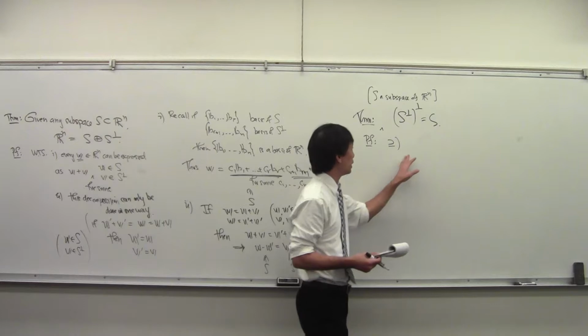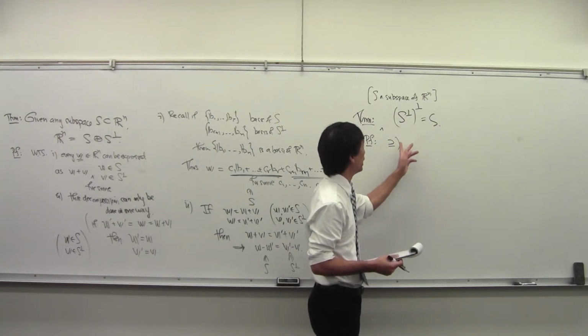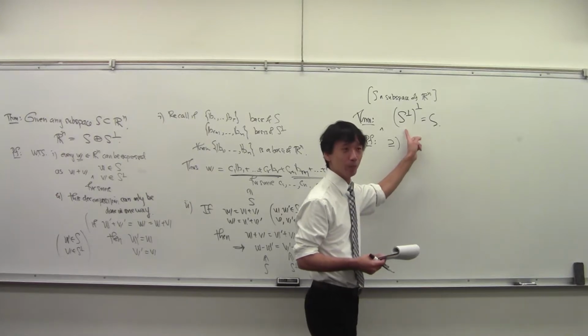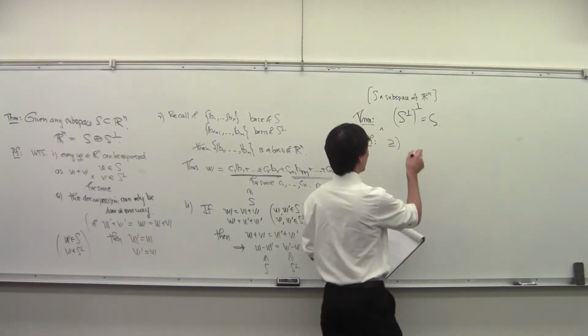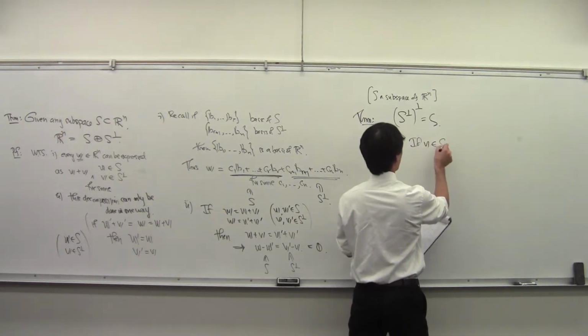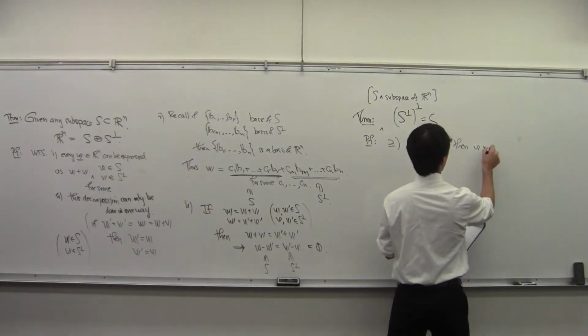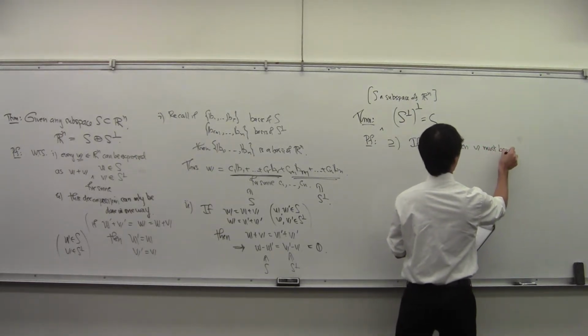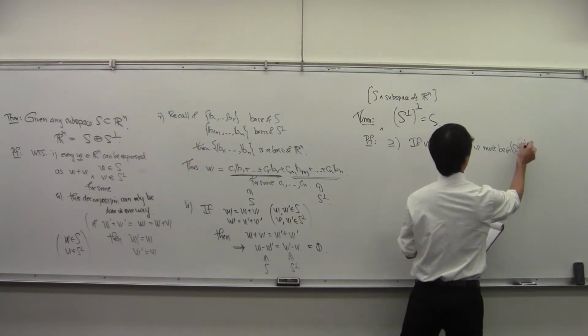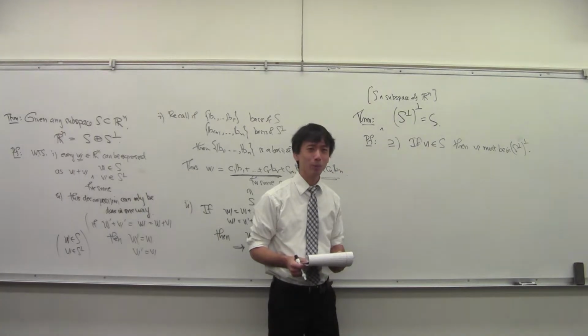So maybe honestly think about it for 1 minute, or maybe just 30 seconds, about why, if you're in S, you must be in S perp perp. So we want to say that if you have some V in S, then V must be in S perp perp. So you just have to think, what does it mean to be in S perp perp?